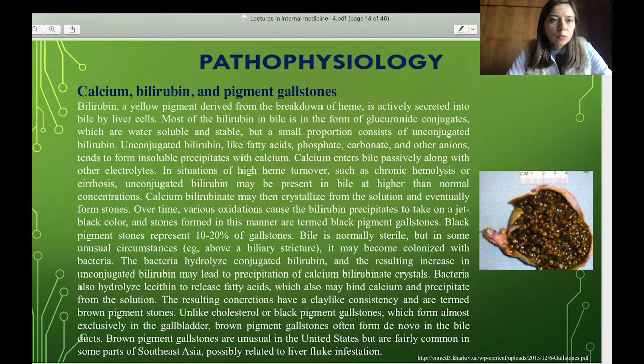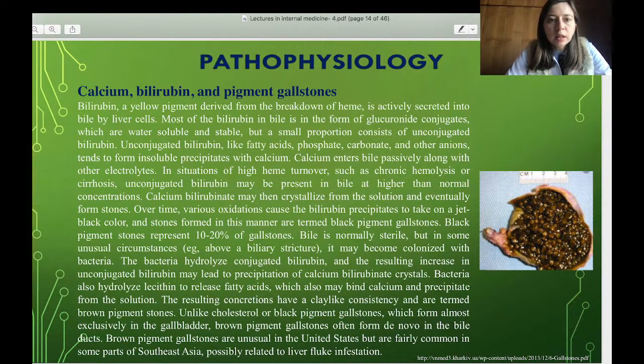Next, calcium bilirubinate and pigment gallstones. Bilirubin is a yellow pigment derived from the breakdown of heme and actively secreted into bile by liver cells. Most of the bilirubin is in the form of glucuronide conjugates, which are water-soluble and stable, but a small proportion consists of unconjugated bilirubin.